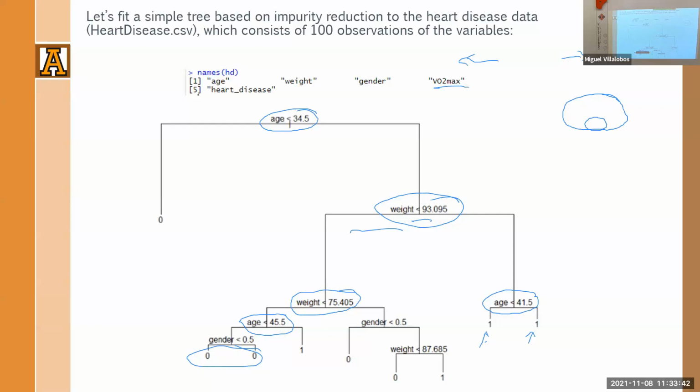However, if weight is greater than or equal to 75.45, and gender is greater than or equal to 0.5, and weight is greater than or equal to 87, it's heart disease. If weight is greater than this, but gender is female, it's not heart disease. Okay? That's it. That's how these trees are built.